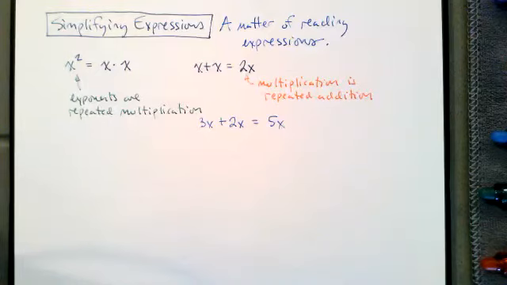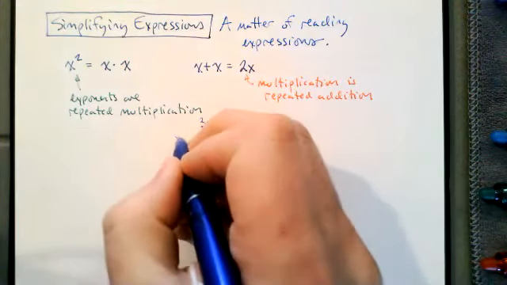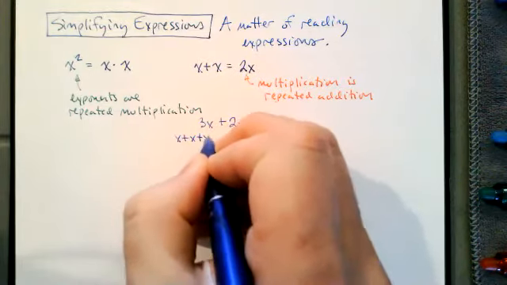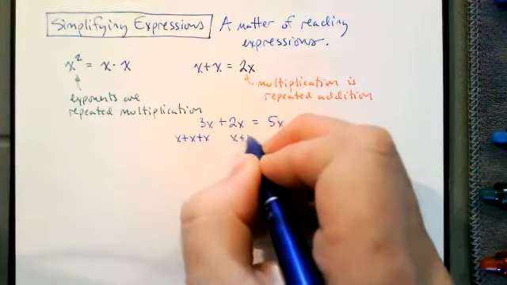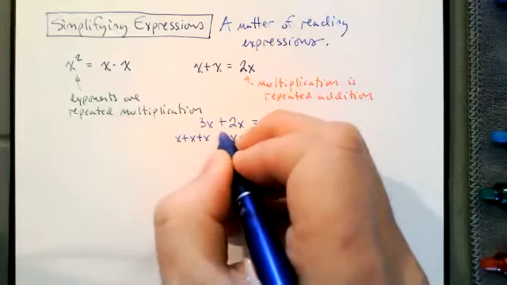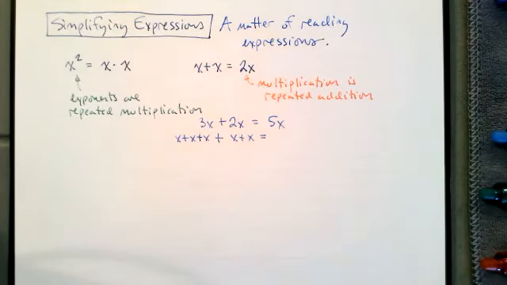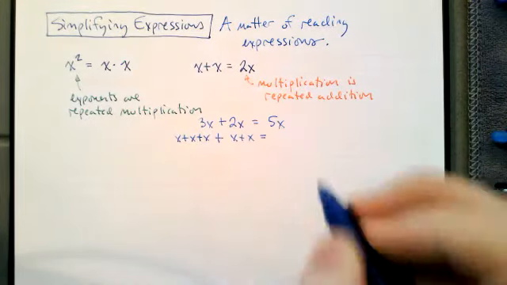But when we look at 3x plus 2x, of course it's 5x, because 3x means x plus x plus x, and 2x means x plus x, and we're adding all those things together. So of course it's 5x.